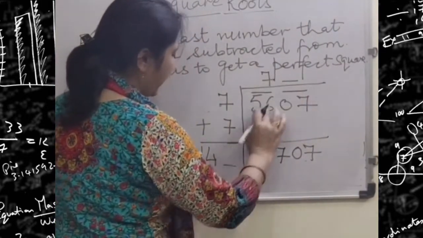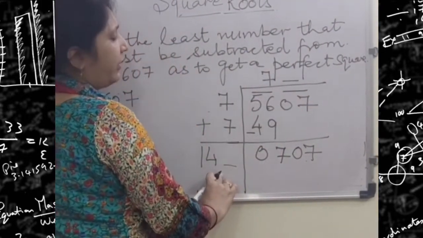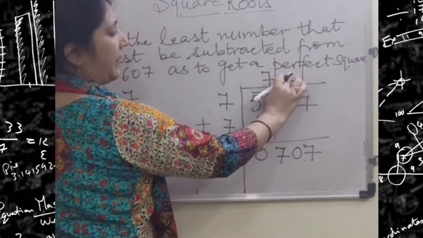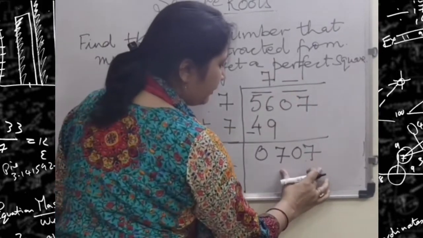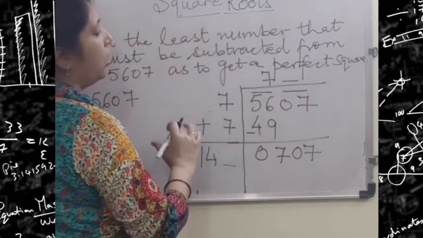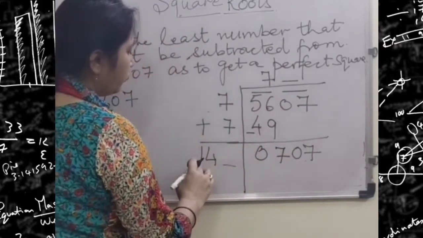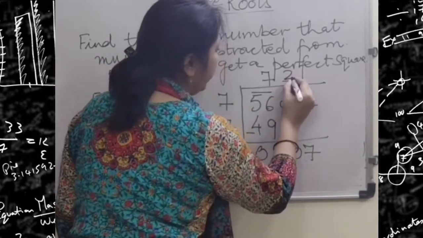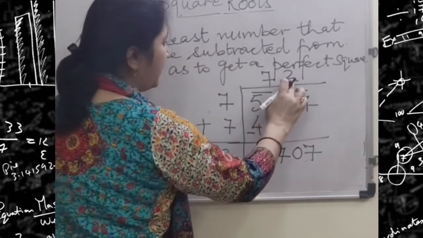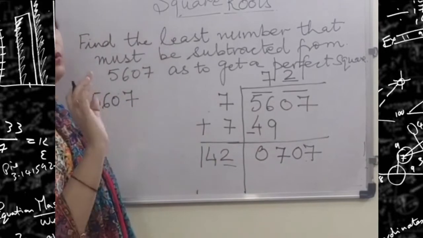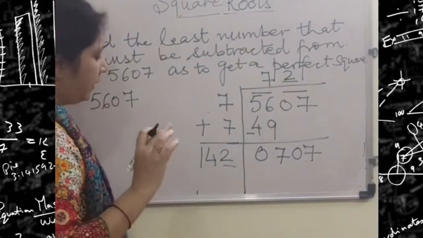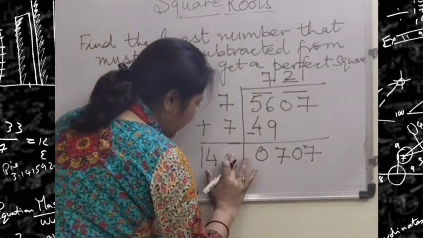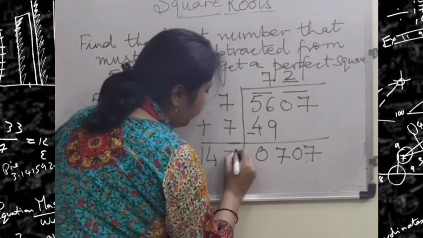If you use 1 over here, this will become 141. 141 multiplied by this 1 will be very much less than 707. So 2. If you use 2 over here and here, it is 142 multiplied by 2 is 284. You cannot use. Now take another one, 3.